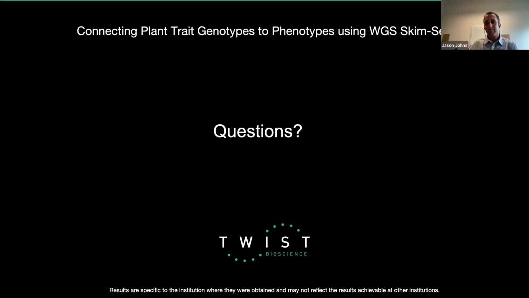All right, so we've got time for one more question. The question is, is there a way to detect historical recombination using NGS data?